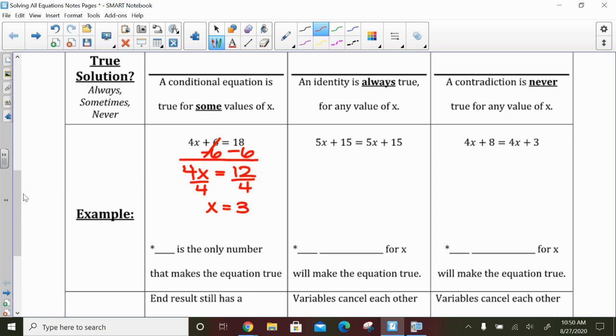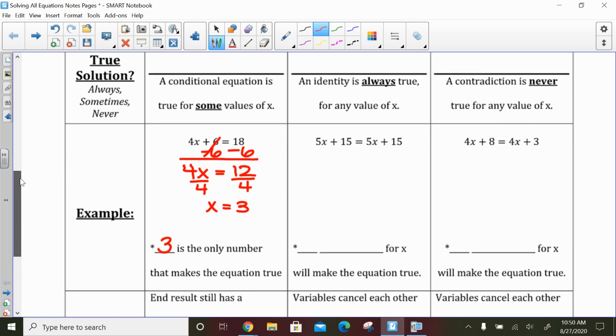All that means is, if I graph the line 4x plus 6 and graph the line 18, they would cross at an x value of 3. So 3 is the only number that makes that equation true.